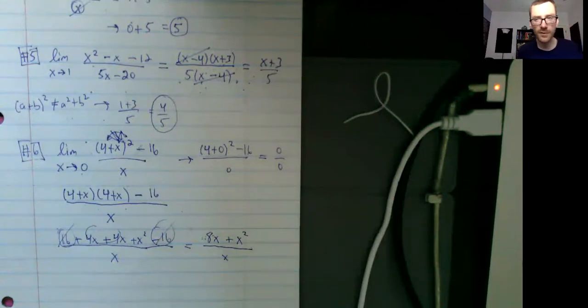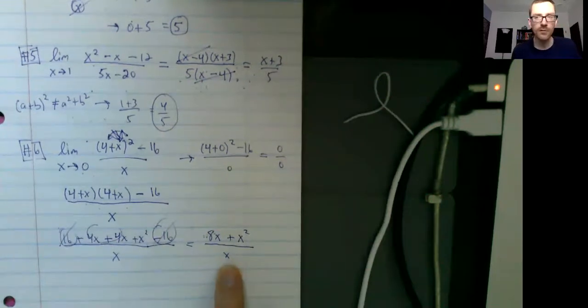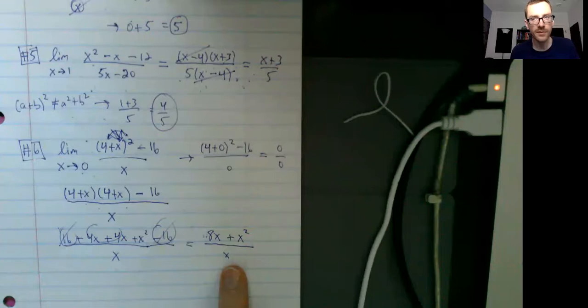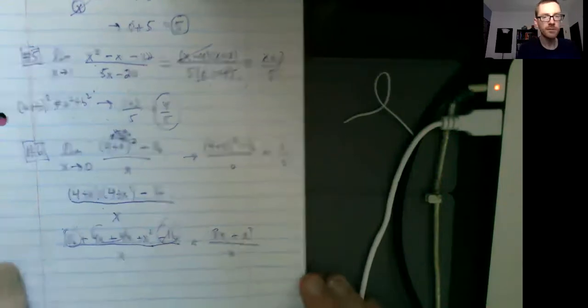Unfortunately, you might think that you're done here. You might think, oh, plug 0 into this thing and I'm going to get the answer. But if you plug 0 into this thing, you still get 0 over 0, which means that there's still more work to be done. There's still more simplification that you can do. So what can you do? You might notice this problem looks an awful lot like number 4.